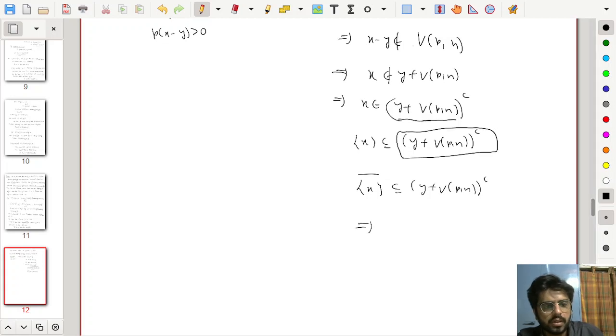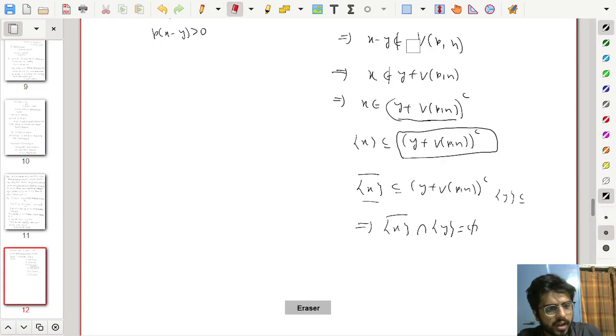This implies the closure of x intersected with singleton y is empty, because the closure of x is contained in the complement, and singleton y is contained in the set y plus V_{p,1/n}.